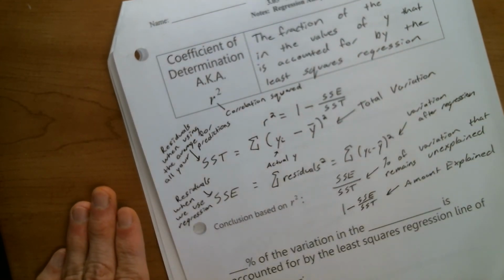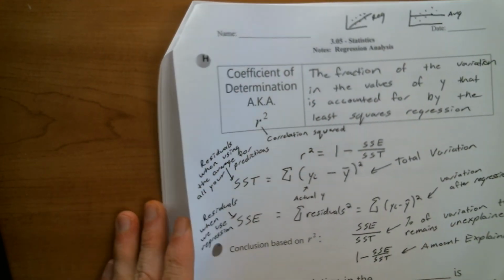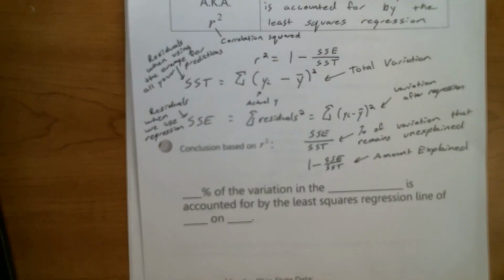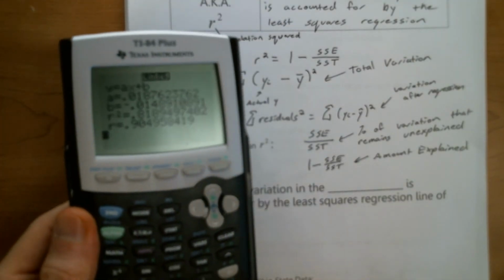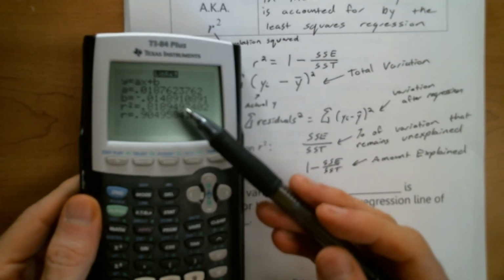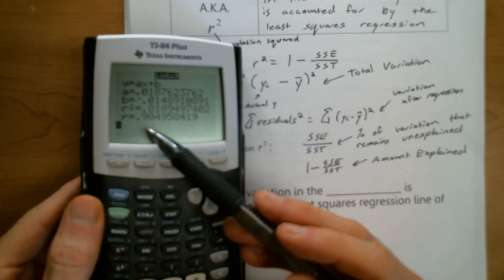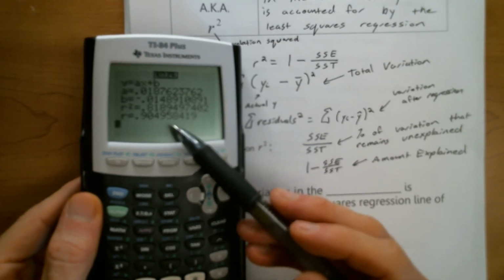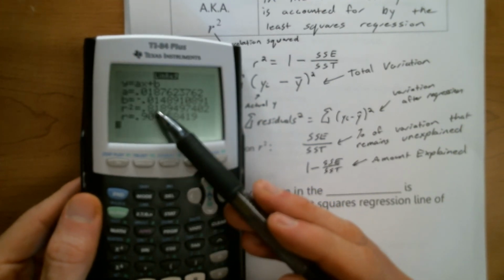So in our setting here, all right, we had a correlation. I couldn't find it because it was on the calculator, not on my sheet. When we ran the regression, it told us the correlation was 0.904958419, and it gives you the R squared value as well.